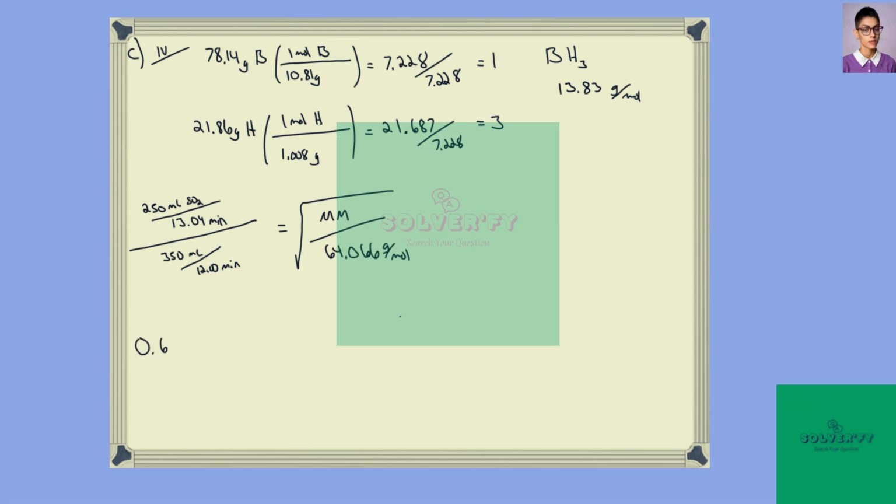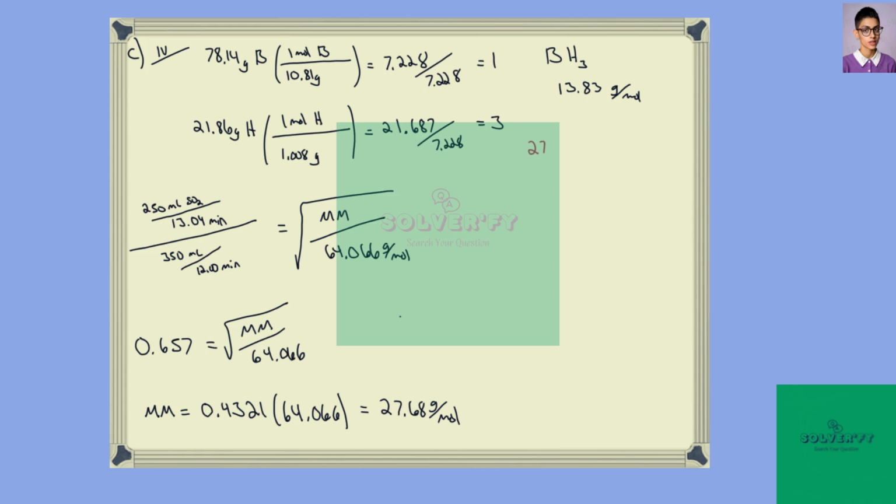A little bit of algebra then allows us to rearrange this equation to solve for the molar mass of our boron hydride. And we get 27.68 grams per mole. The empirical formula gives us a molar mass of 13.83 grams per mole.